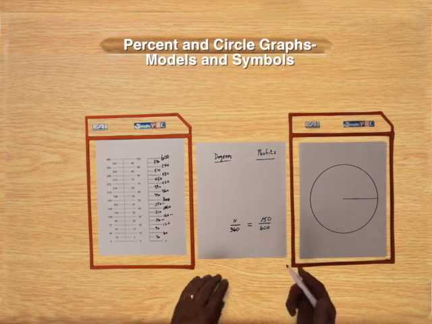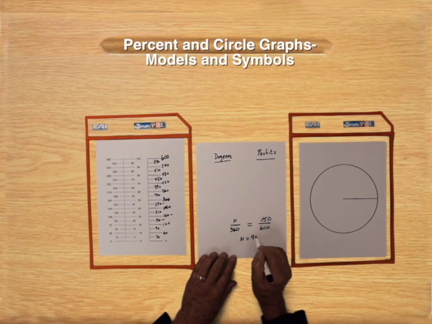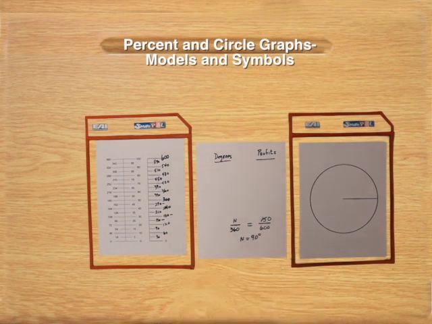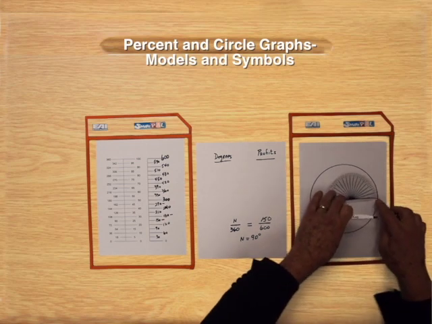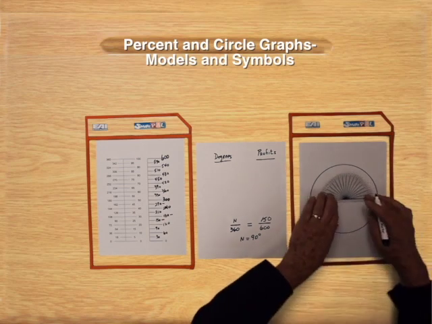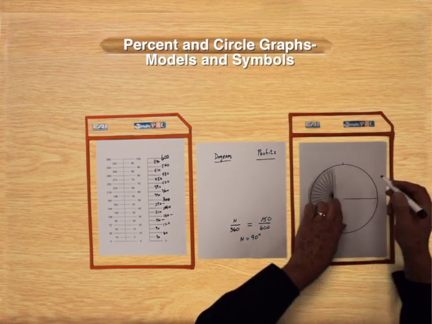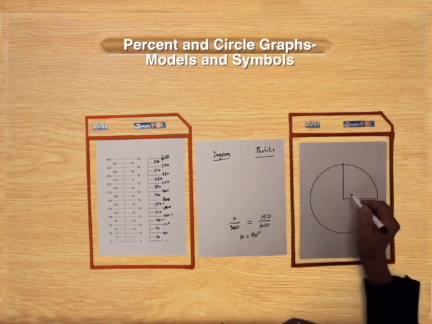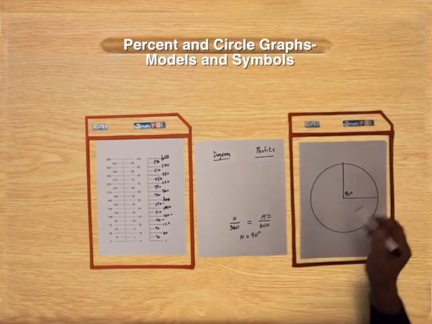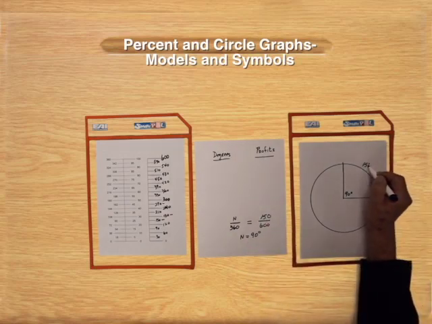And when we solve this proportion, we will find that n is equal to 90 degrees. And so we draw 90 degrees for our angle. So there is our angle of 90 degrees that solved our proportion, and that's relative to $150 of the profits.